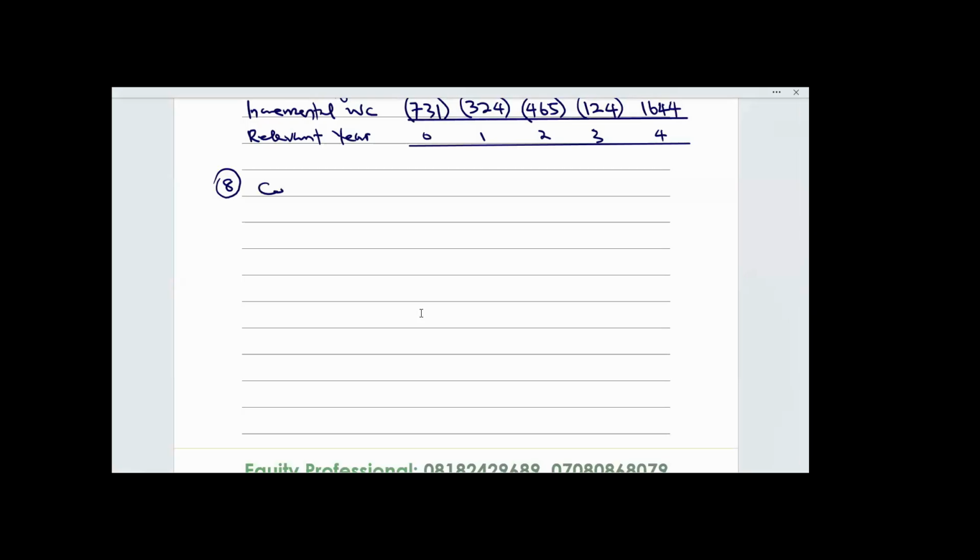Therefore, I would then say cost of equity on geared, KEG. So to do this, we just use Miller and Modigliani.